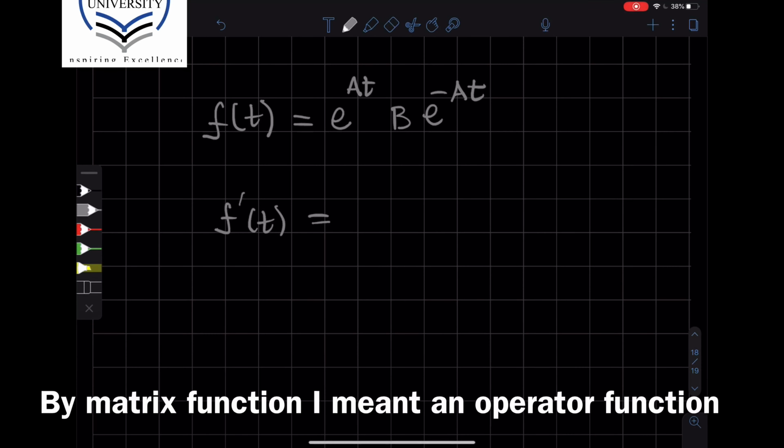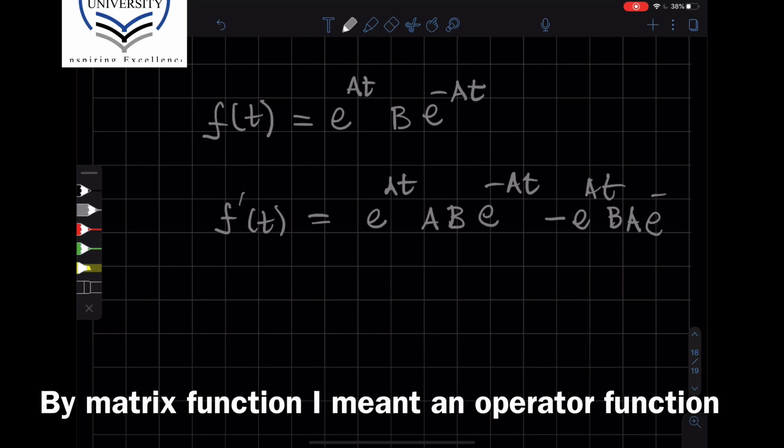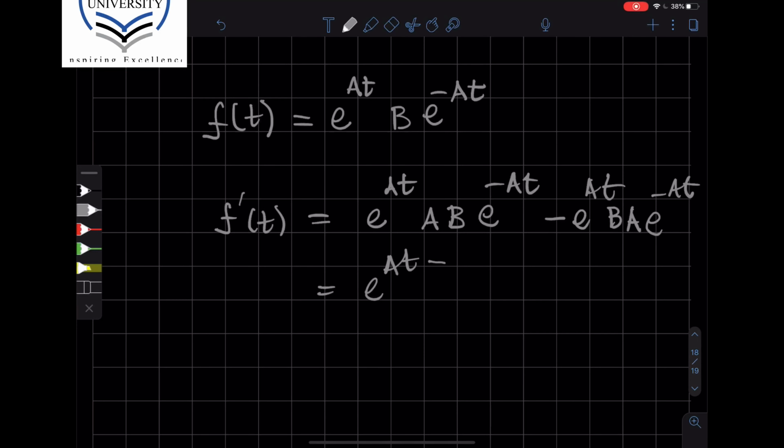The first term brings down a factor of a, then there's b, and then e to the power minus at. The second term brings down a factor of minus a, after b. So we can write this as e to the power at, the commutator of a and b, times e to the power minus at.